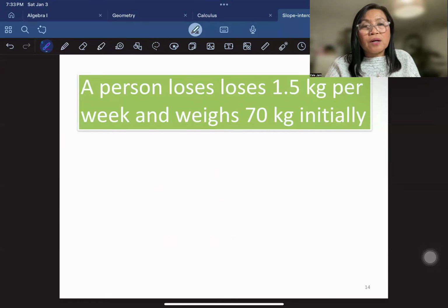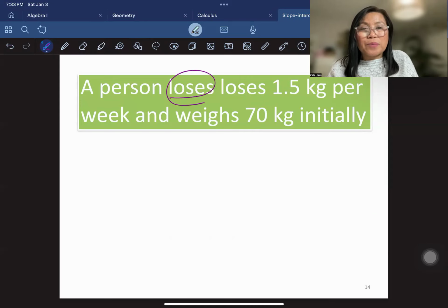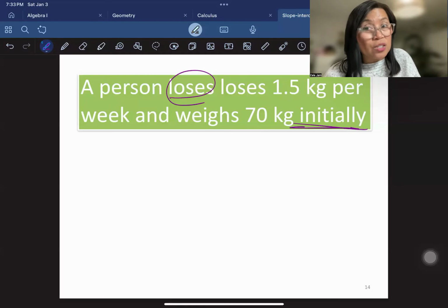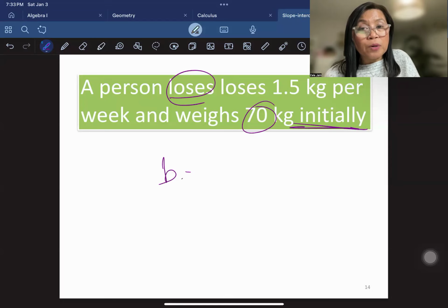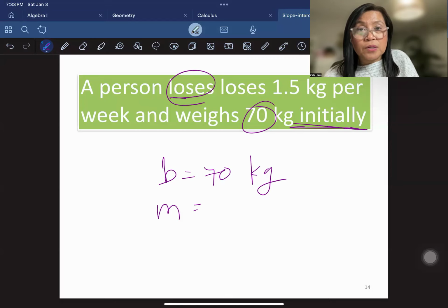And then we have another example, our last one. A person loses 1.5 kilogram per week and weighs 70 kilogram initially. So take note of the word initially, that's the beginning. This would be our B. So our B right here is 70 kilogram, and our slope, because of the words loses per week, is a rate of losing weight.